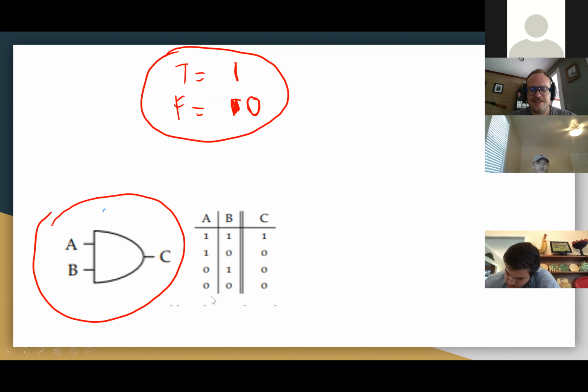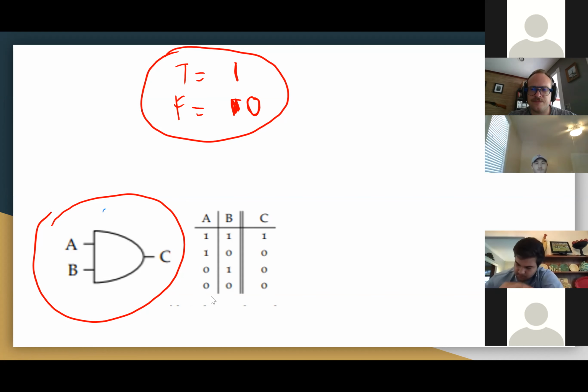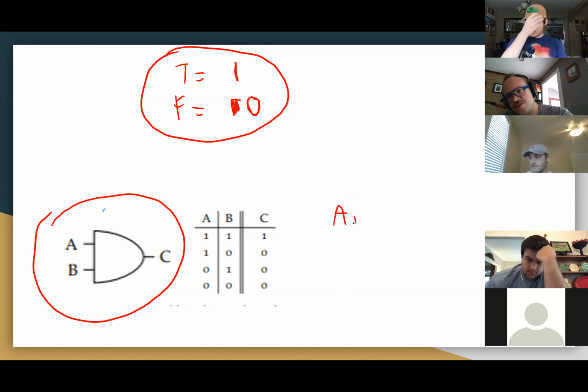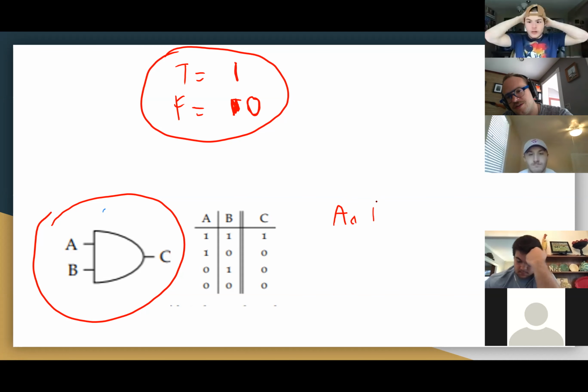Yes, Reese. It would be like the conjunct. Yes. So if we were to make a truth table of this in TFL, it'd be something like this.